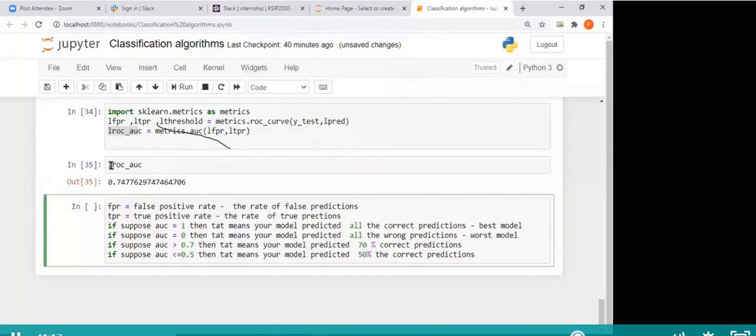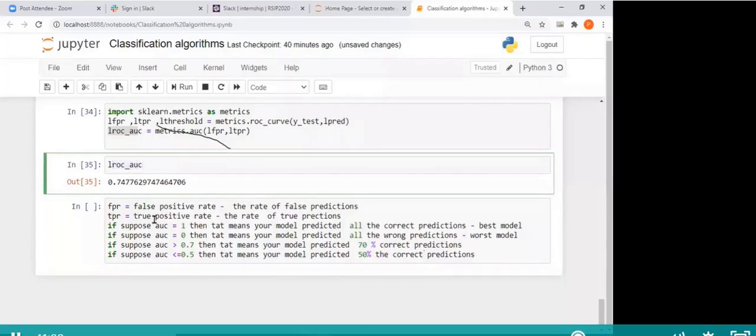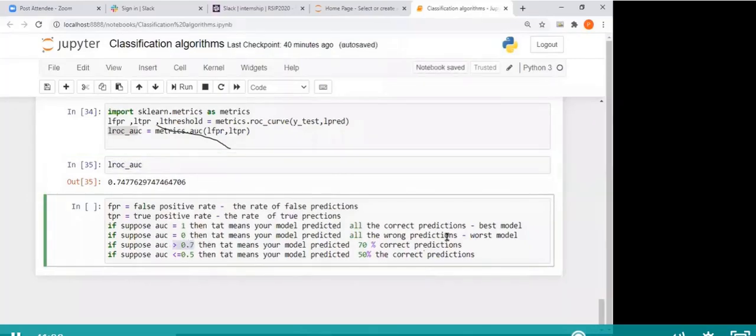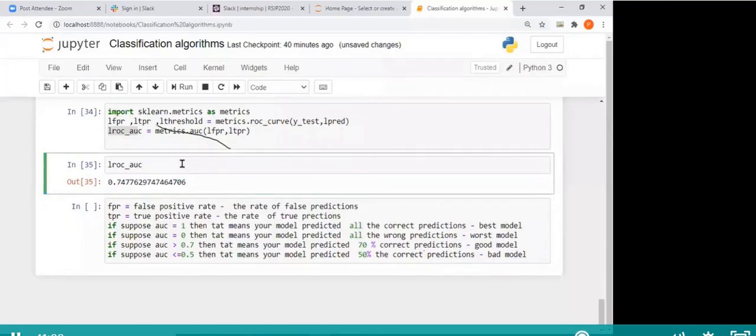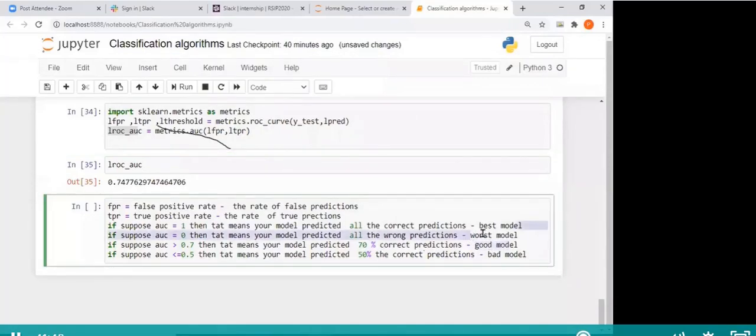So whenever your ROC AUC curve is greater than 0.7, you can consider that a good model. This is the worst model. This is a bad model. Alright guys, so your AUC ROC curve will say whether your model is the best model, a good model, a worst model, or a bad model.